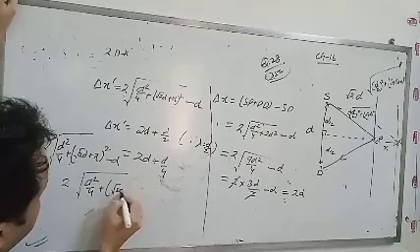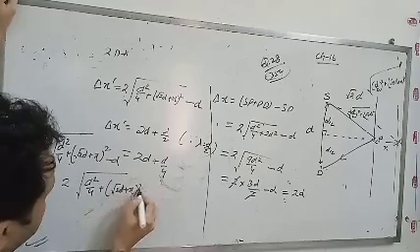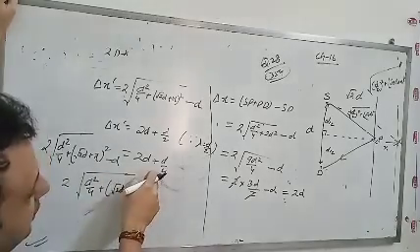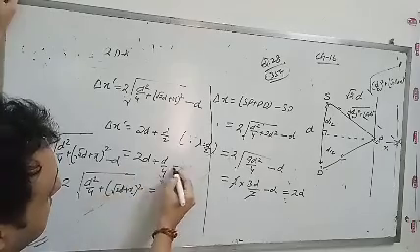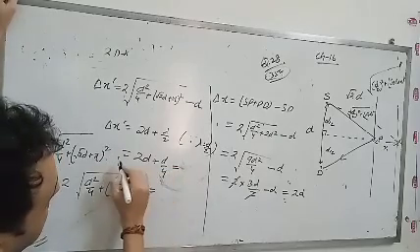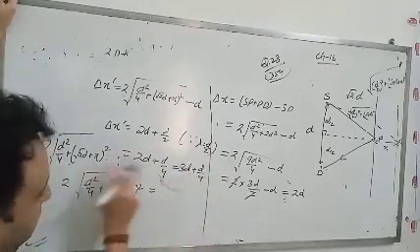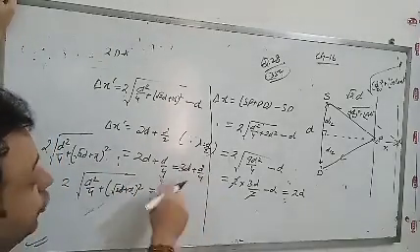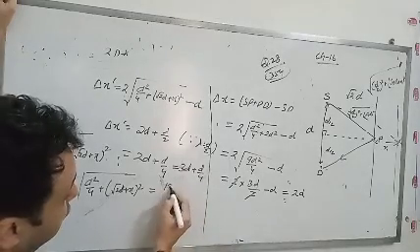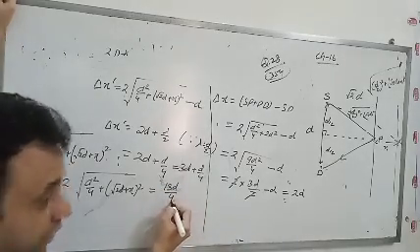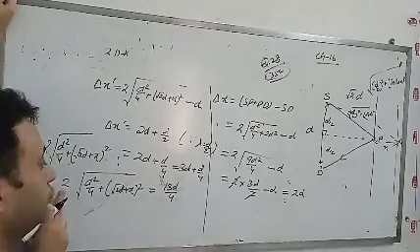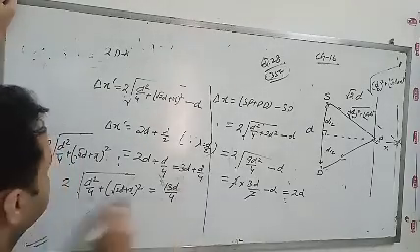This d will go to this side, so it will be 3d plus d by 4, or 13d by 4, and then this 2 will come below.